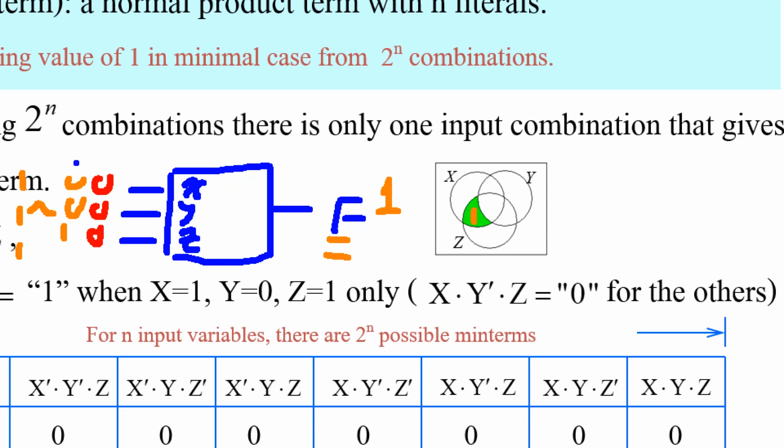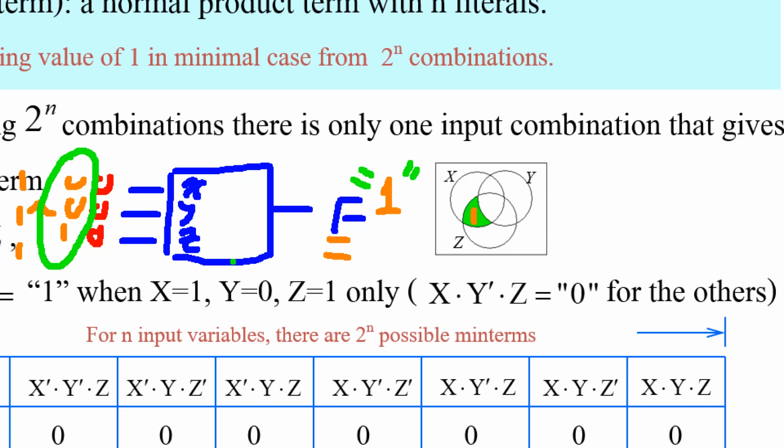Only one value of input makes the output to be 1. That condition or that expression is called a minterm.